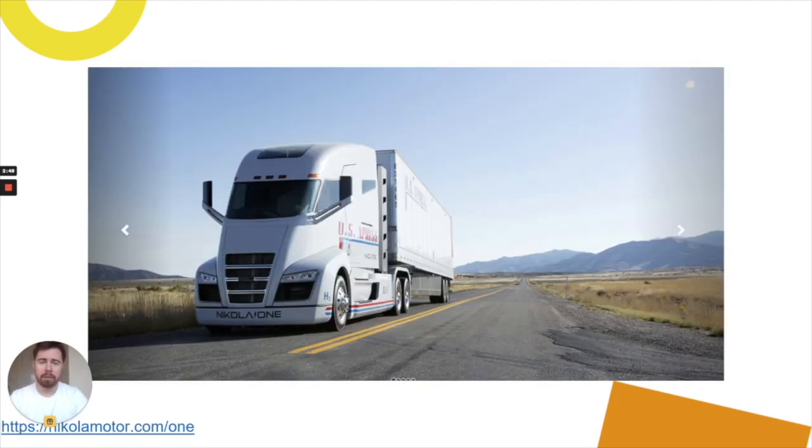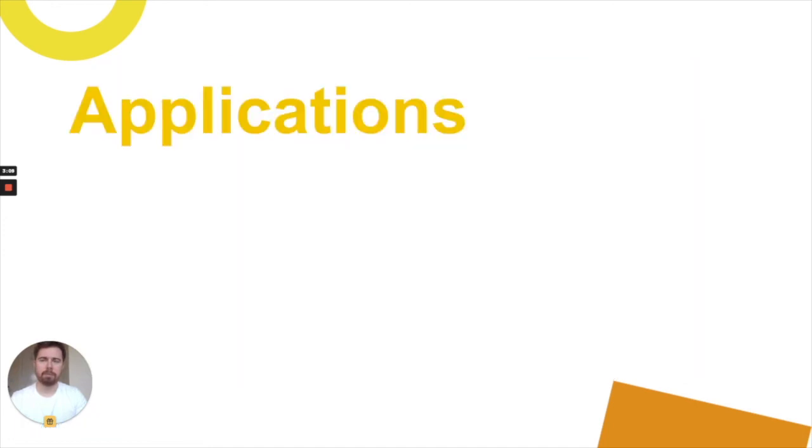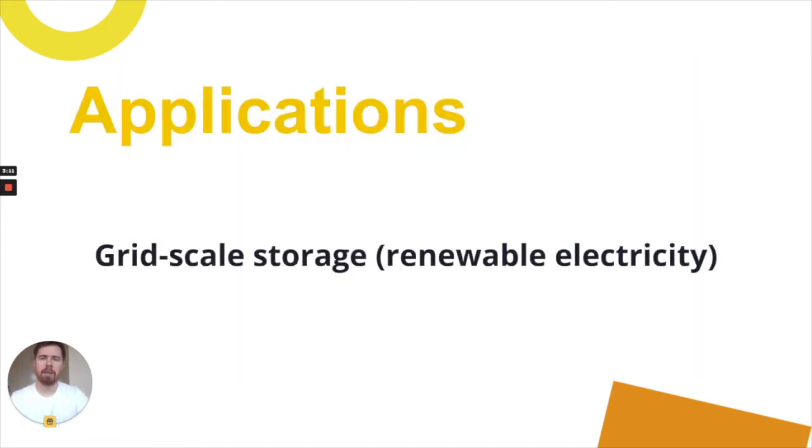A good example of this is the Nikola One from a company called Nikola, named after Nikola Tesla. And so fuel cell electric vehicles are starting to come out, which can be longer distance, heavier transportation compared to your normal passenger vehicle. And if you want to find out more about Nikola, you can take a look at the link below.